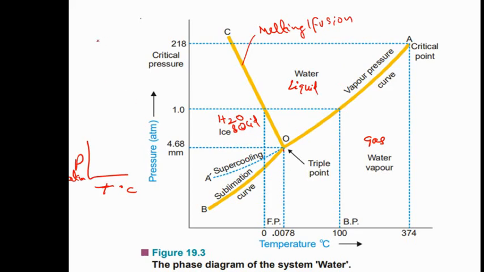we are going to study the significance of the water system. If you consider any curve, say the melting curve or any curve, it can be like OA, OB, OC.